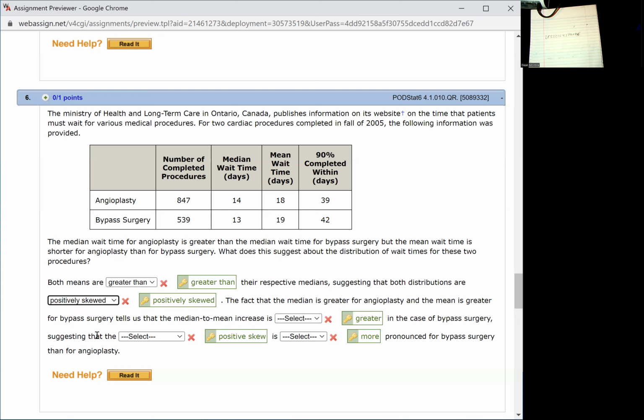Just reviewing the data, the fact that the mean is greater for the angioplasty and the mean is greater for the bypass suggests that the median-to-mean increase, 4 here, 6 here, is greater in the case of the bypass surgery, suggesting that the positive skew, as we've talked about, is more pronounced for the bypass surgery than for the angioplasty.